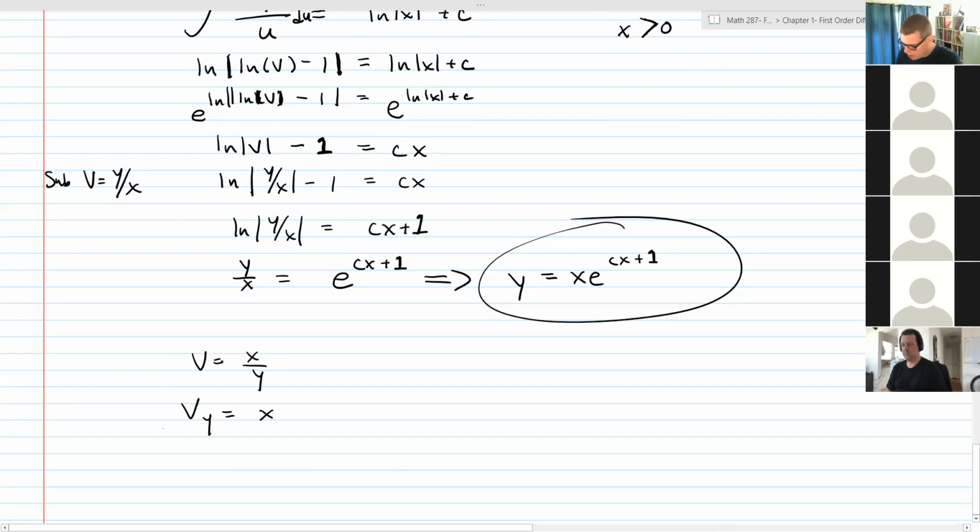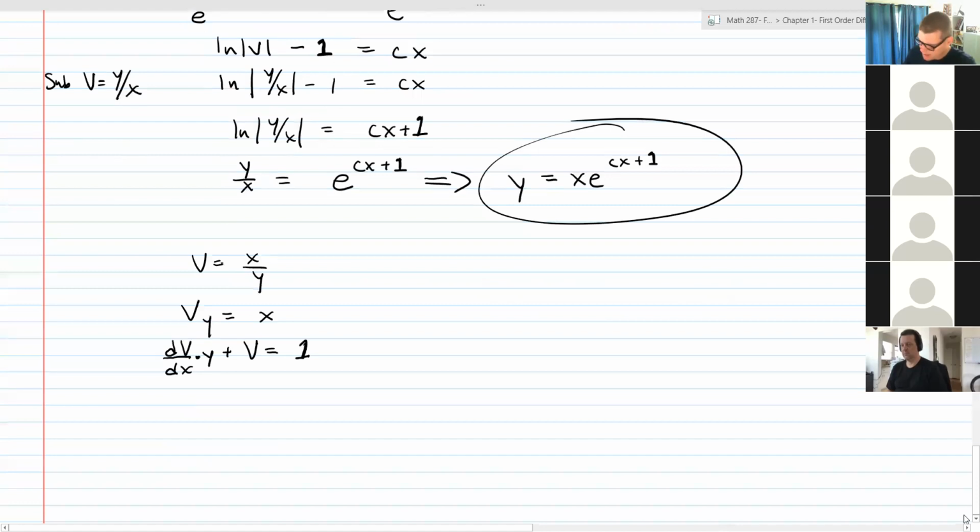Taking the derivative with respect to x, we get dv dx times y plus v times dy dx equals 1.